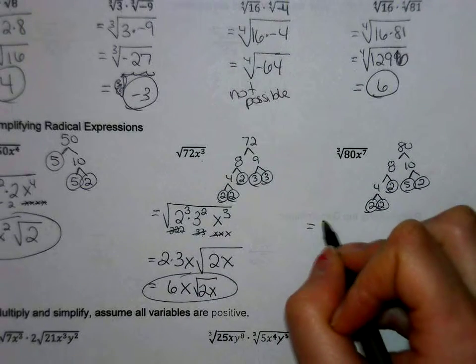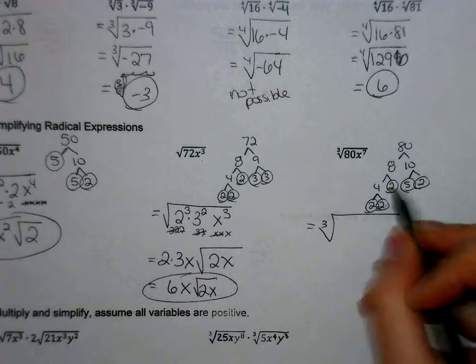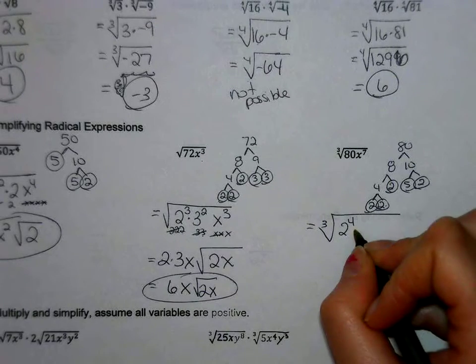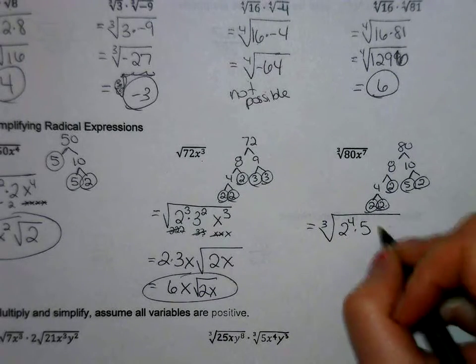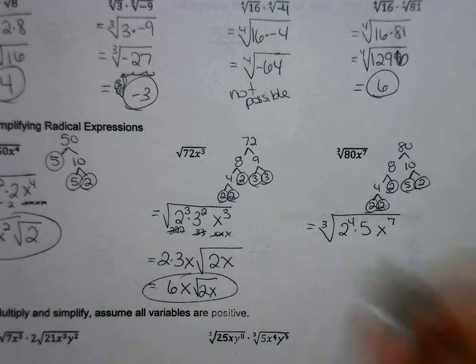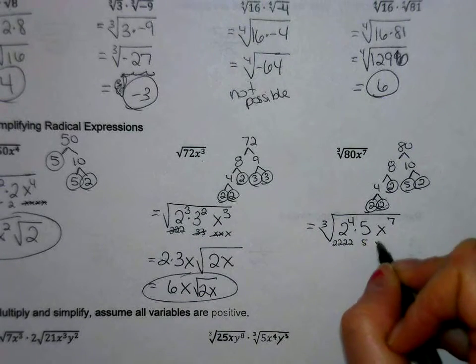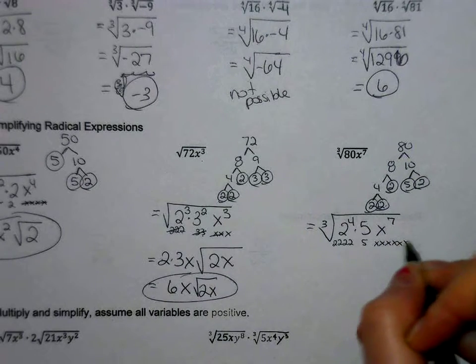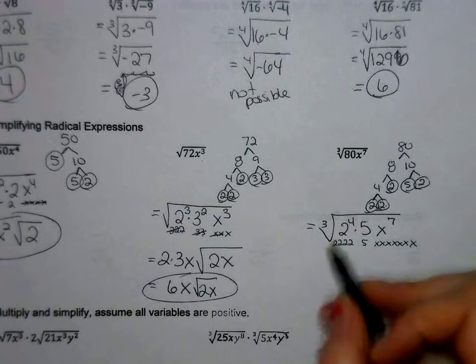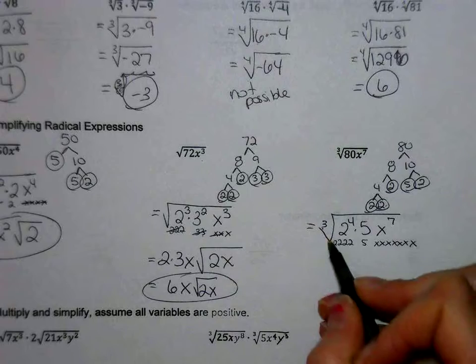So if we rewrite this, the cube root, there's 4 2's and a 5, and we have x to the 7th. So we know we have 4 2's, 1 5, and 7 x's. We want groups of 3 this time because we're working with the cube root.